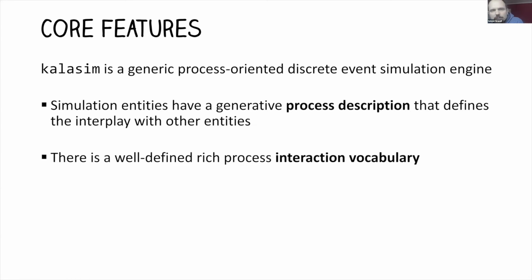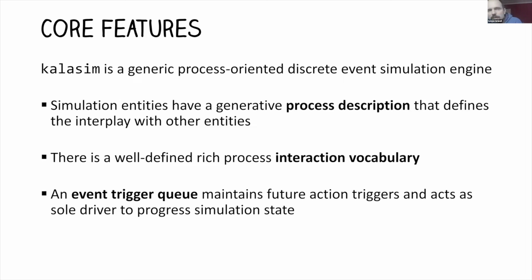As I discussed before, what's very important here is that we provide good means to allow the simulation entities to interact with each other. And finally, a more technical thing, which does all the magic in the background, is the event trigger queue, which maintains future action triggers and really drives simulation progress.